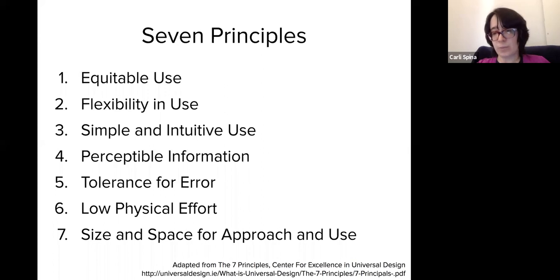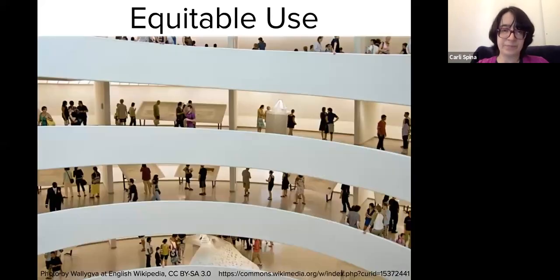And size and space for approach and use, which is the one that can most be considered to be focused on people with disabilities, I think, because this is one that's often meant for people who use crutches or a wheelchair. But in all honesty, it really does apply to everyone because it can also apply if you are somebody with a stroller, if you're somebody who's not the average height. So let's look at some examples of how these can actually be put in practice.